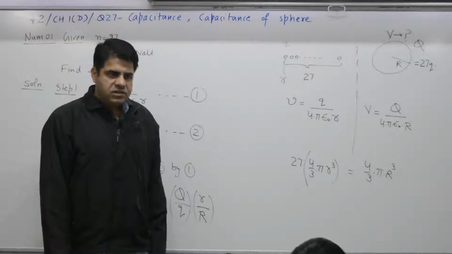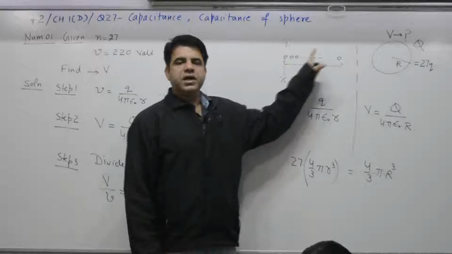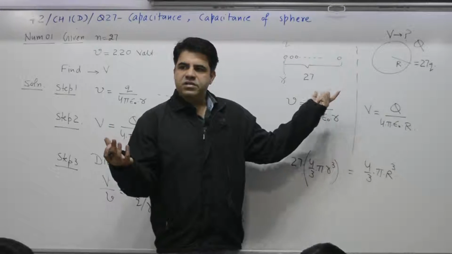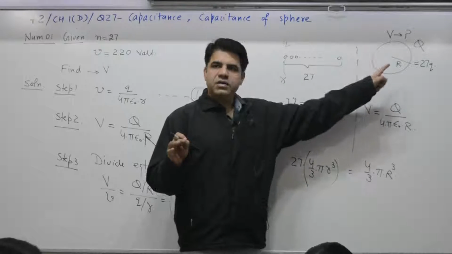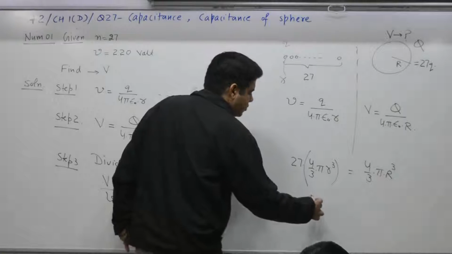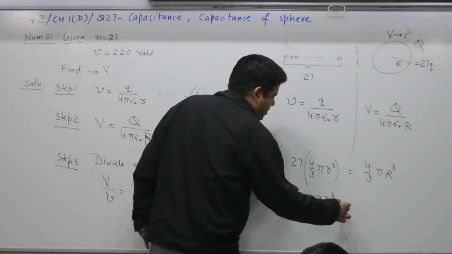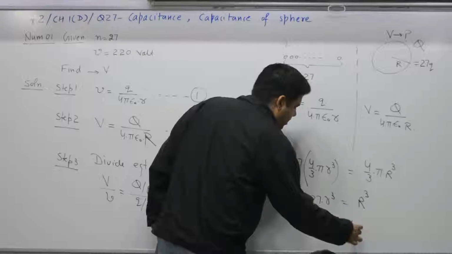Total mass: suppose each drop is 1 gram, big drop will be 27 grams. Each drop is 1 milliliter, total big drop will be 27. So it is 27 times r cube is equal to capital R cube. Means what? 3r is equal to capital R.